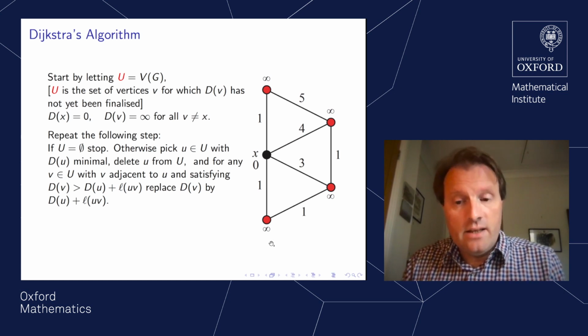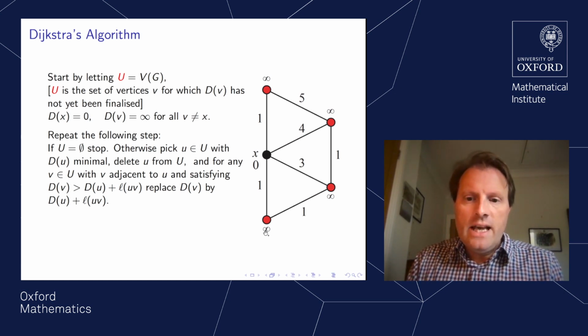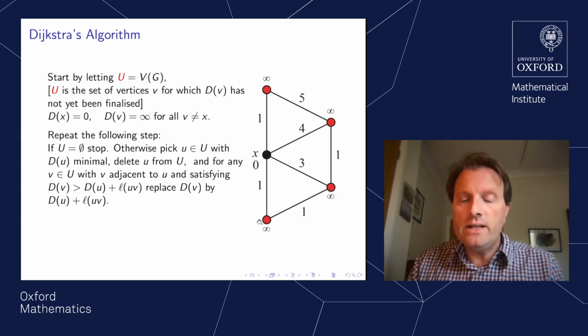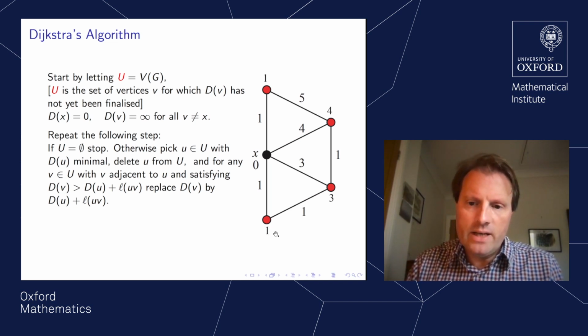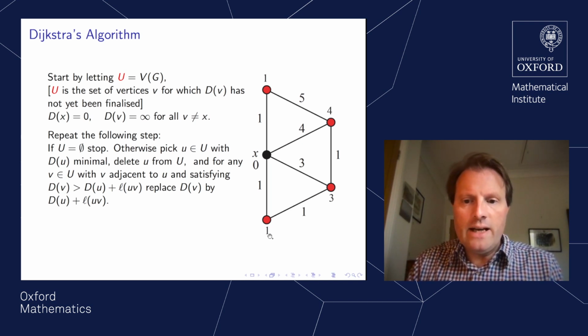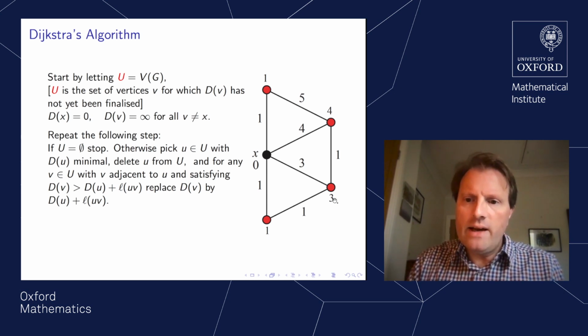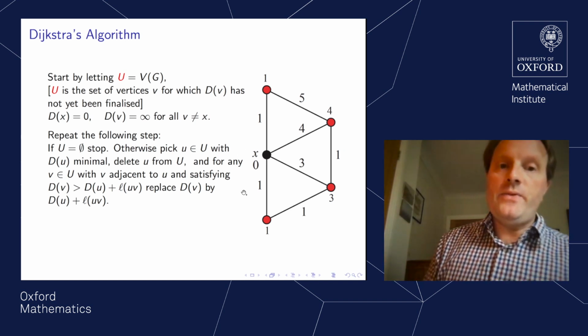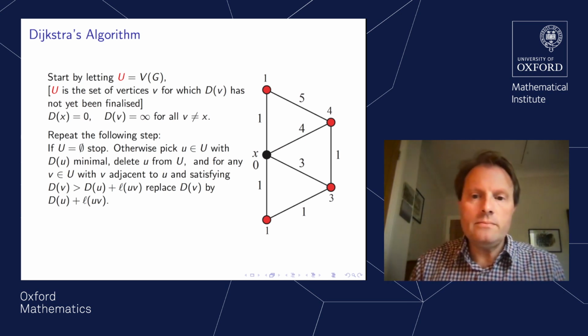Well, in this case, the answer is definitely yes, because this is infinite here, and d of x plus 1 is definitely strictly less than infinity. So we should replace the d value of that vertex by 1. And similarly, we should replace the d value of this vertex by 3, this one by 4, and this one by 1. Okay, so we've done the first step of the algorithm. Let's continue.